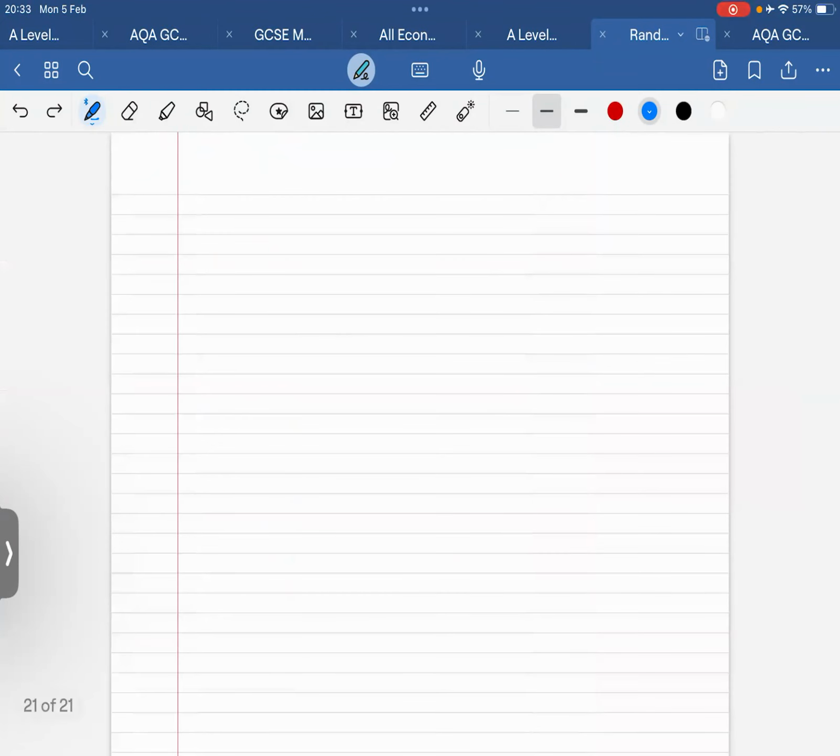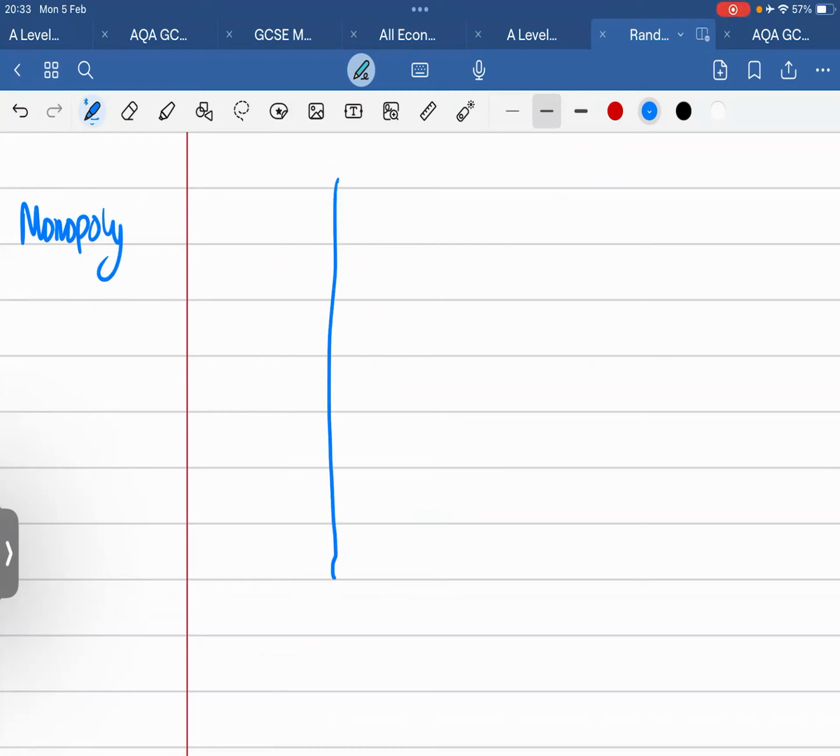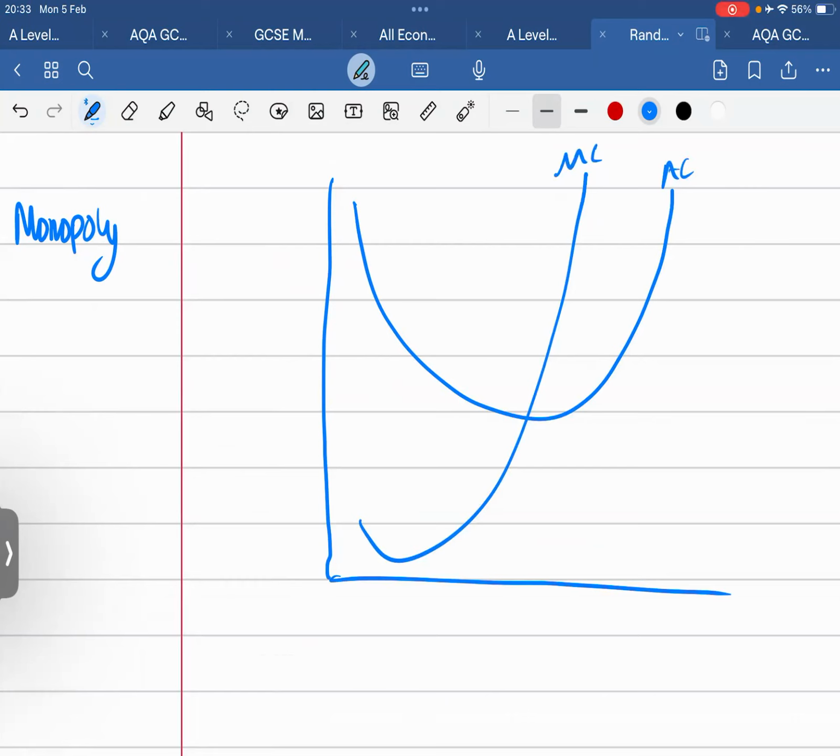The next one on the spec is oligopoly, but let's skip that and come back to that after. Let's do monopoly and then we can look at efficiencies in all of them. So the monopoly diagram is the same as what we just saw, but we don't have to do AR as elastic. So we've got AC, MC. Label your diagrams fully, but I'm going to be lazy and just put the pound sign.